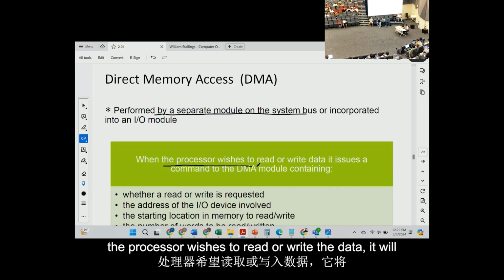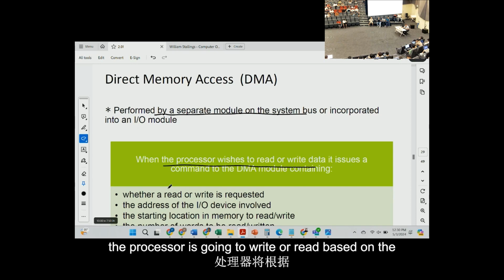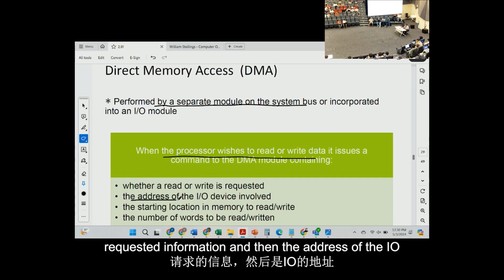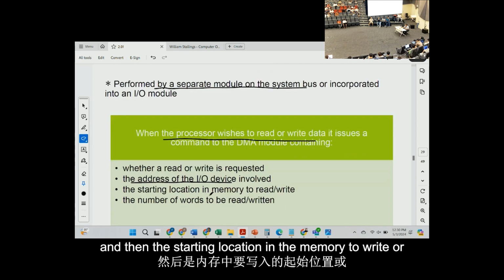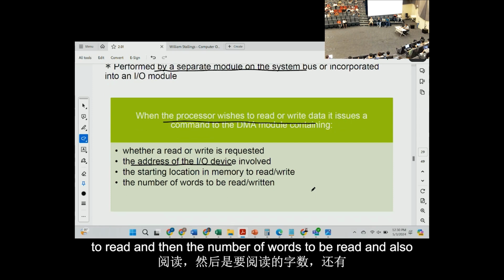So when the processor wishes to read or write data, it will issue a command to the DMA module containing whether the processor is going to write or read, the address of the I/O device involved, the starting location in the memory to write or to read, and the number of words to be read or written.